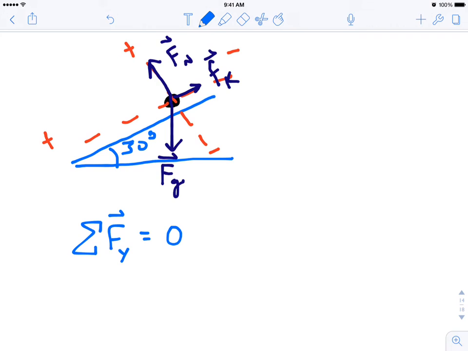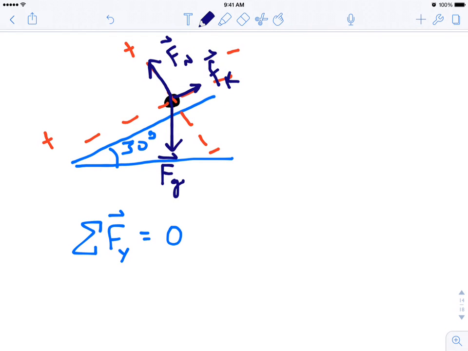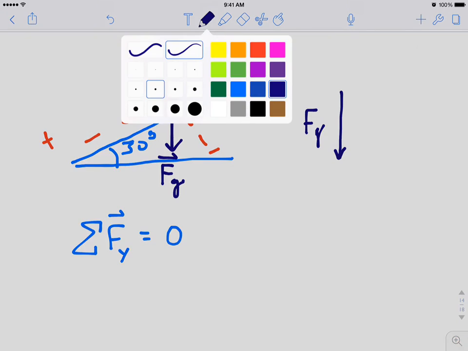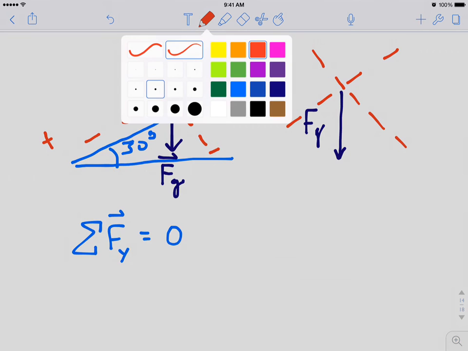To do that, I'm going to say the force of gravity, redraw it here, with my axes. There's the y, there's the x.